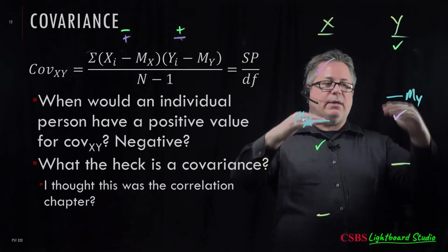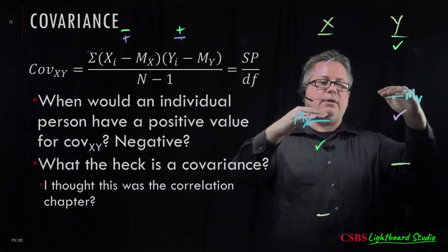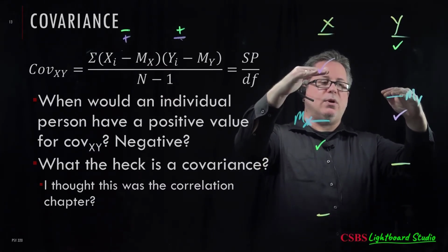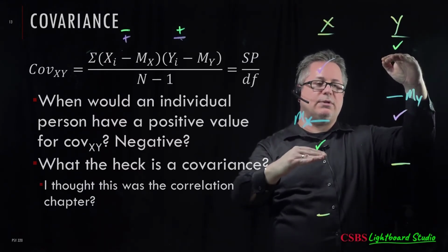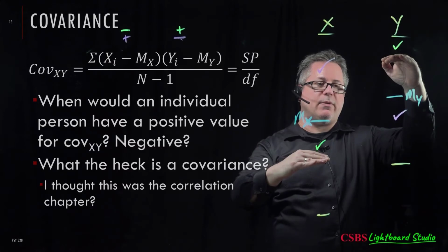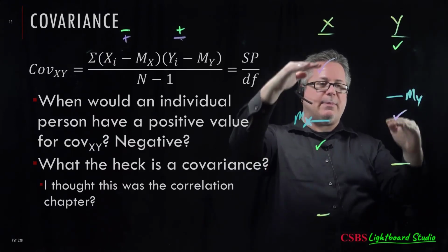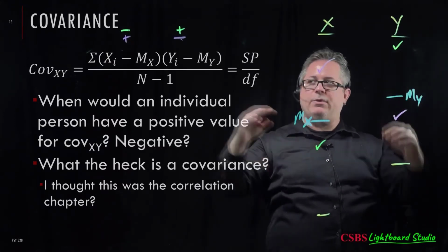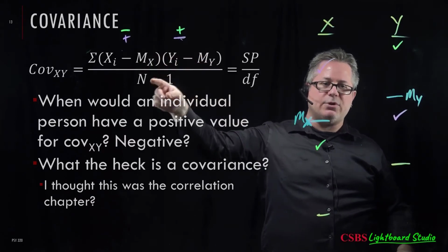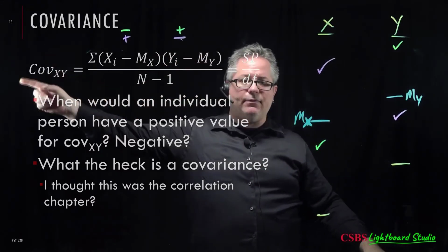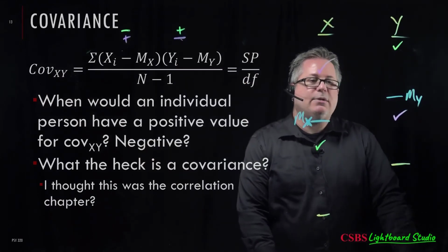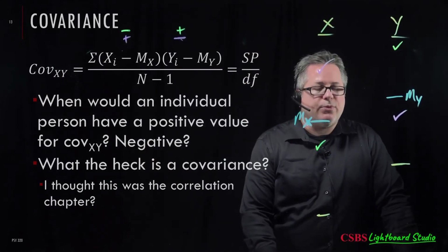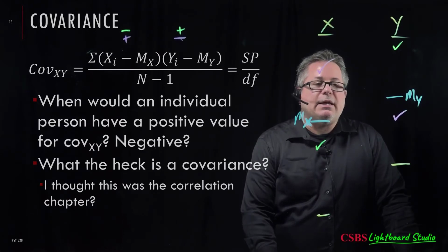In the same way, if there's a tendency for people to be above the mean on one and below the mean on the other, and vice versa, relative to their two means, below the mean here and above the mean there, if they tend to be on opposite sides of the mean, and we do that for enough people and get an average, we're going to get a negative covariance, that there's a pattern. There's a pattern for people to tend to be on opposite sides of the means on both the variables, then we're going to get a negative covariance.